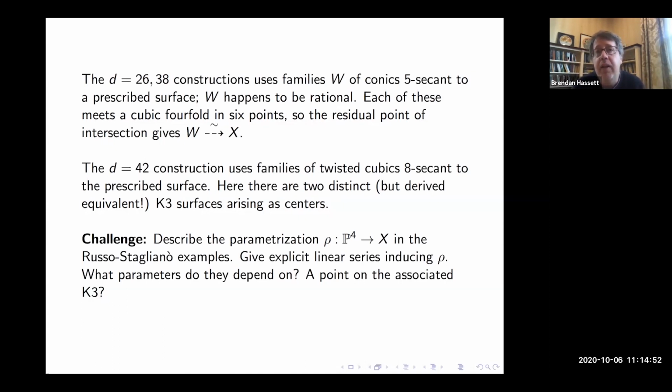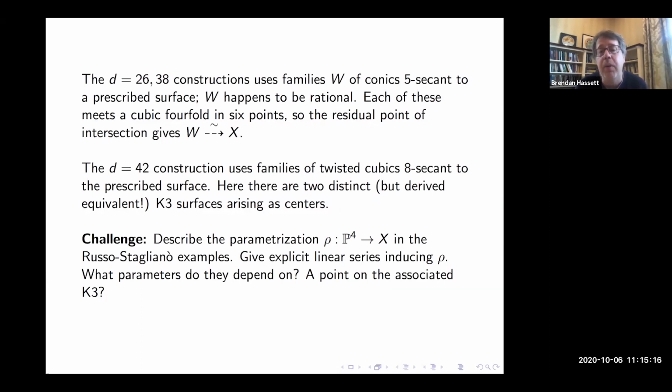The Russo-Staglianò approach to this is heavily reliant on Macaulay2 computations. And so I have been looking closely at the Macaulay2 computations, but I don't have a human readable description of why there are degree 42 K3 surfaces arising from their construction.